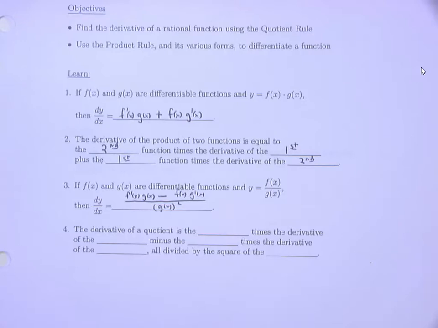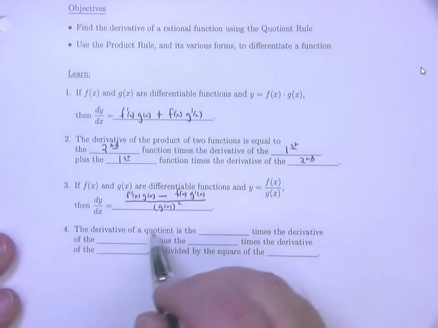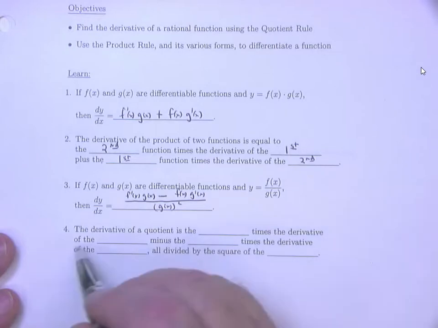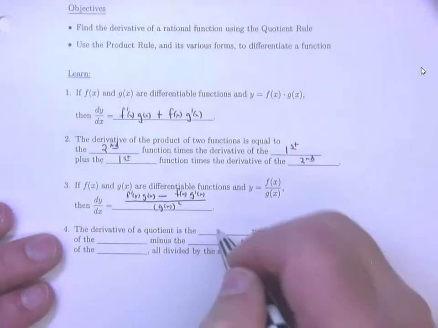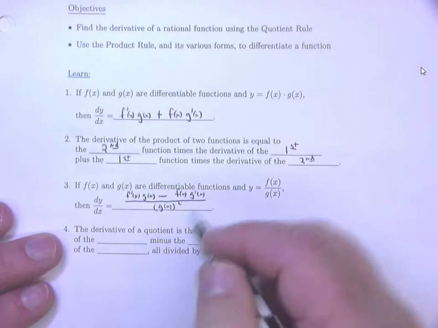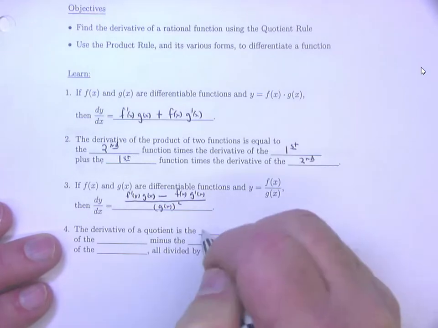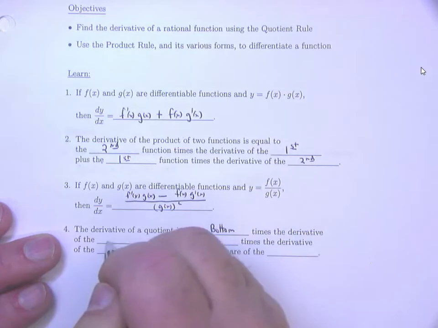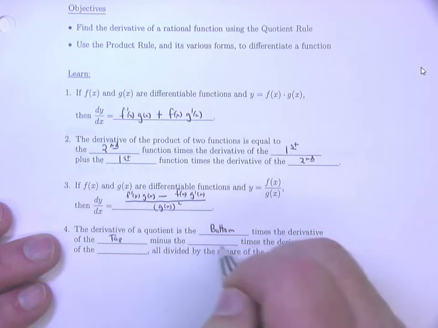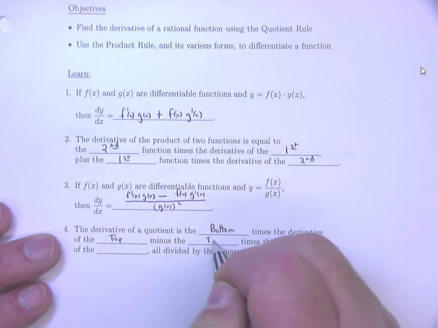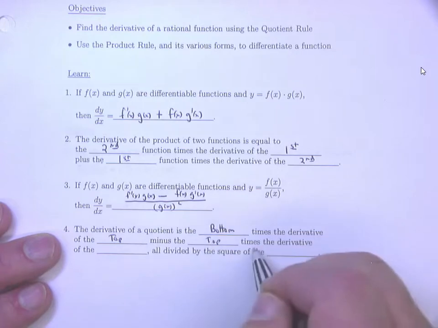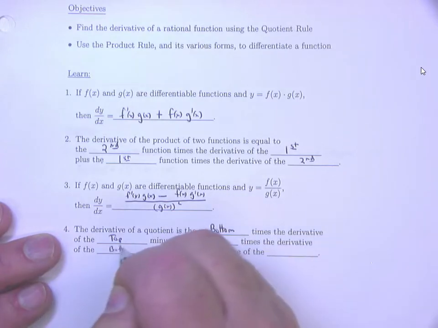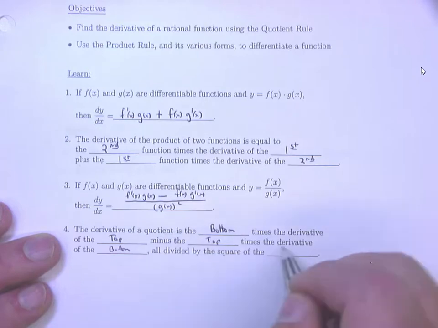Okay? So the derivative of a quotient is the blank times the derivative of the blank. Well, it is the denominator. I'm going to put bottom. It is the bottom times the derivative of the top minus the top times the derivative of the bottom, all divided by the square of the bottom.